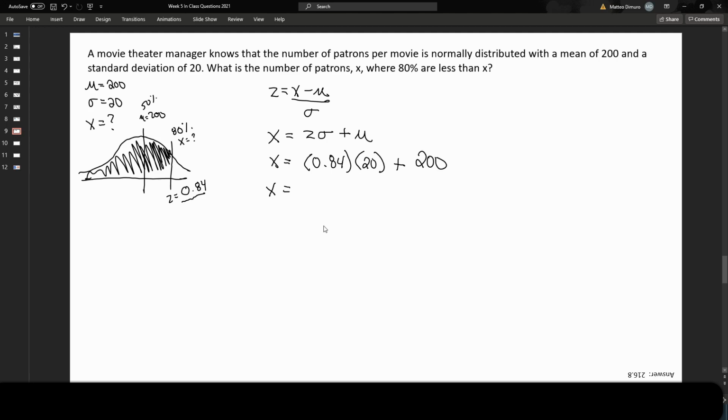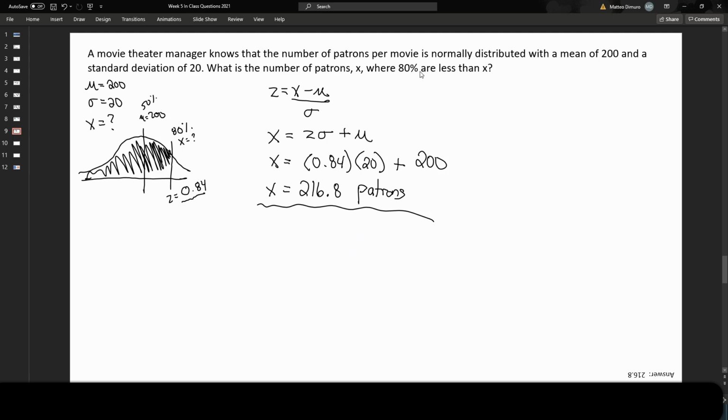Now you pop that in on your calculator, and here I go. So you get 216.8. I just want to make sure that in this case you actually put the units in. So it's the number of patrons. So that is the answer.